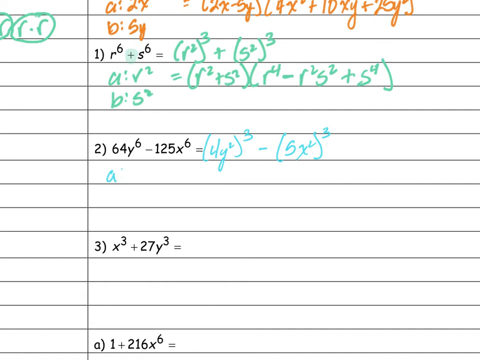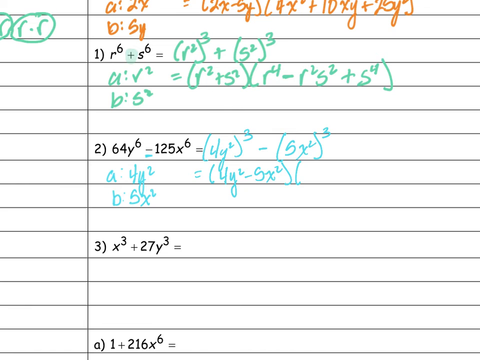So that means that A is 4y squared and B is 5x squared. And then I have, let's see, it's a minus. So that's going to be 4y squared minus 5x squared. And then it's a squared.